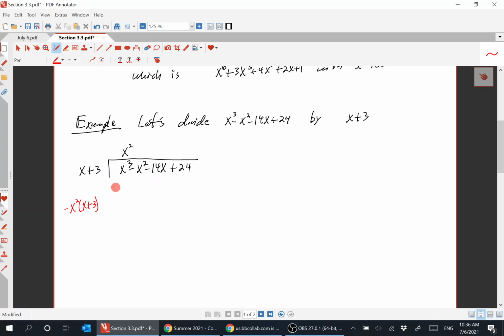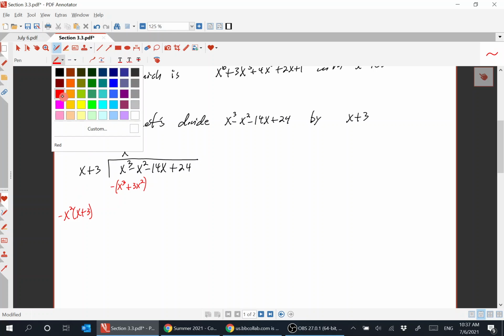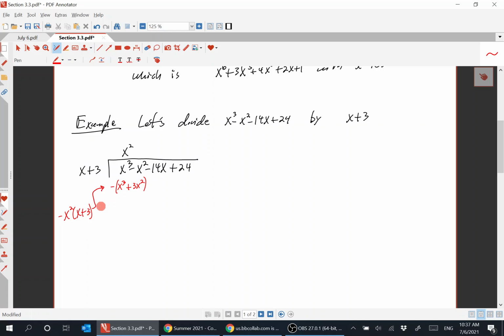So this is minus x to the third plus 3x squared. Right, so if I multiply x by x squared, then I get an x to the third.